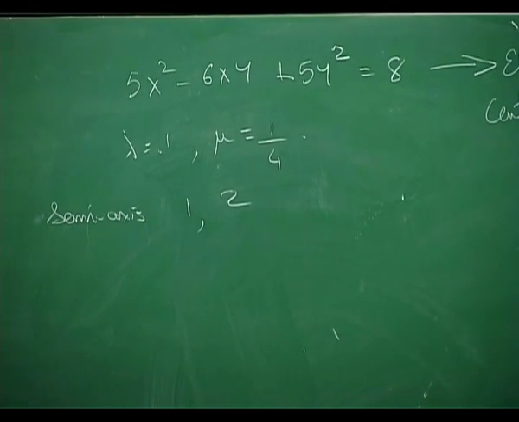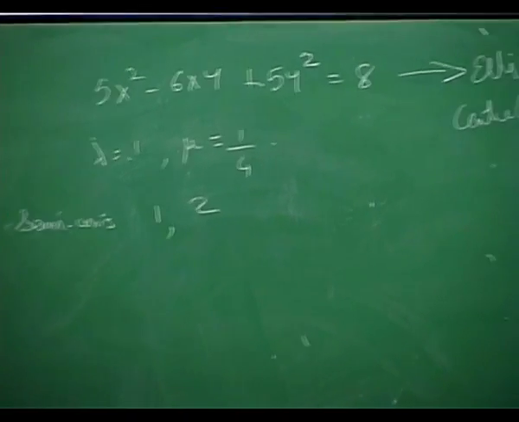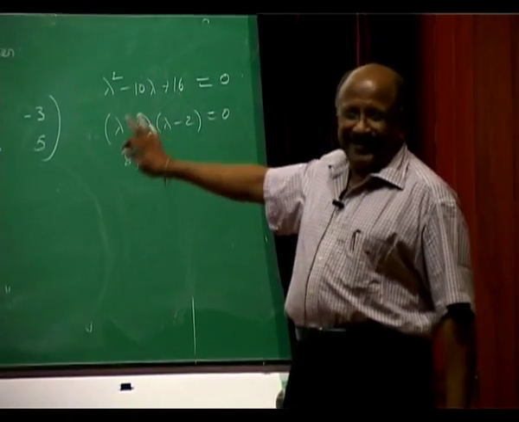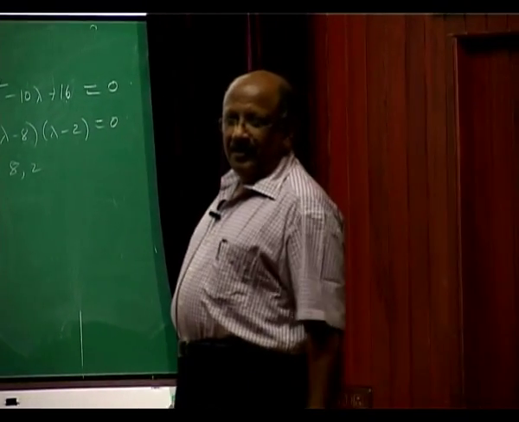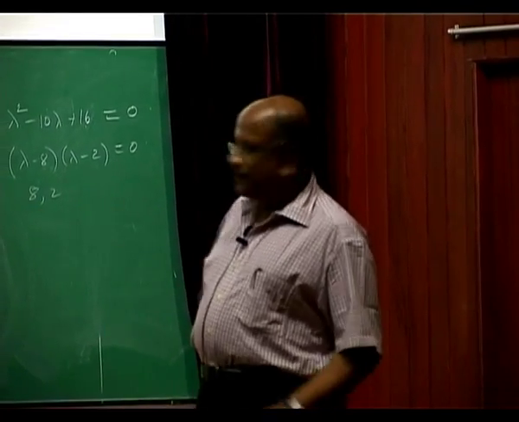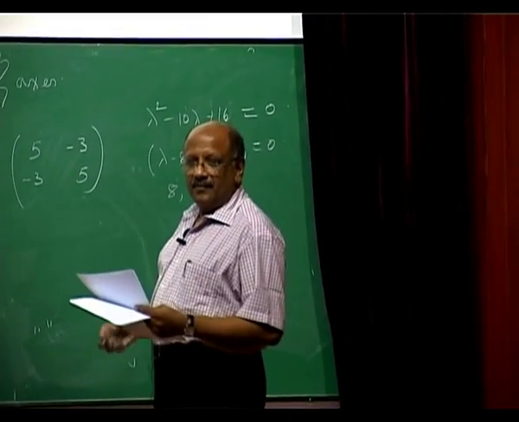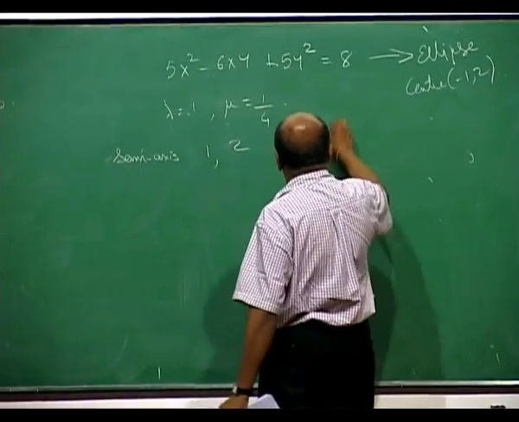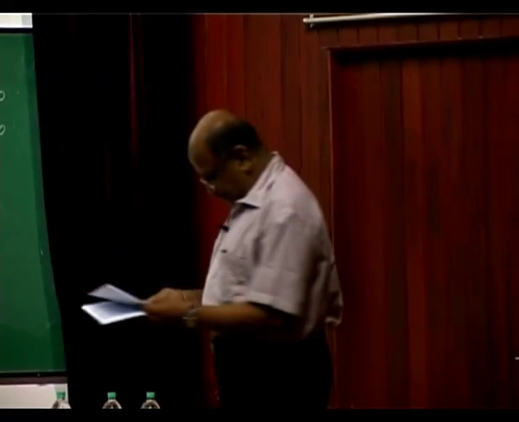It doesn't matter which one is which. In fact, the area of this ellipse is pi AB, so it is 2 pi.